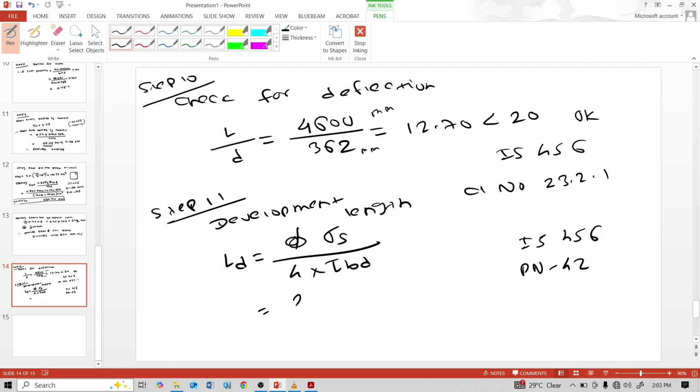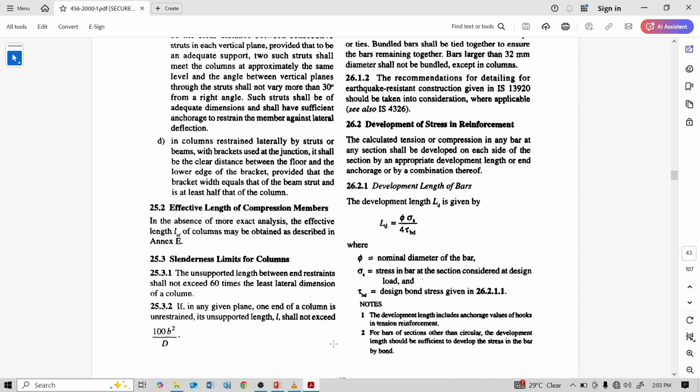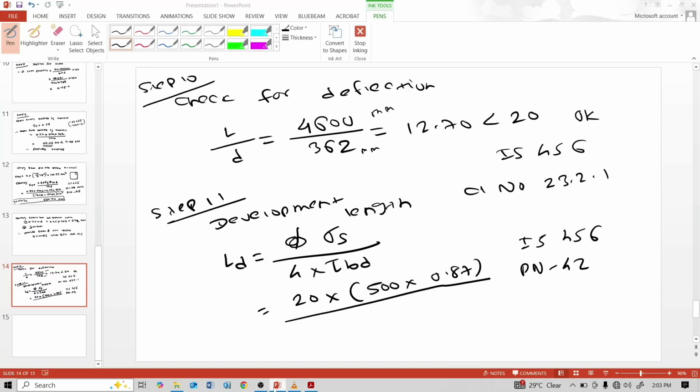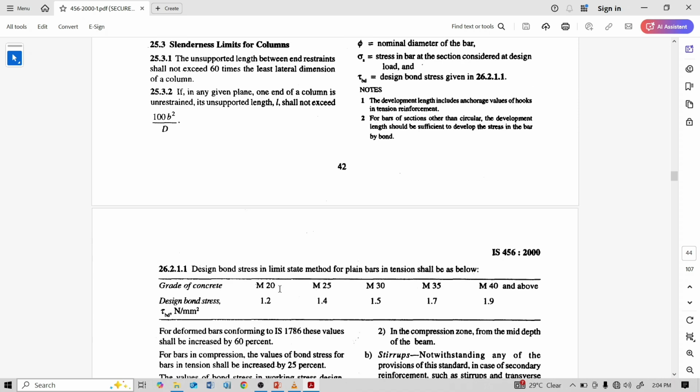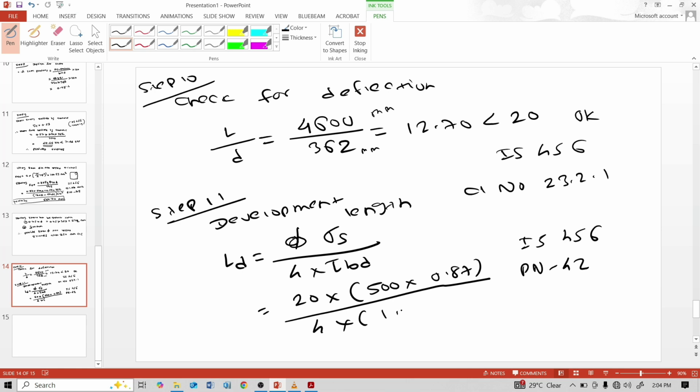Phi is our diameter of main bar 20, into sigma s, our steel grade is 500 multiplied by 0.87, stress in bar at the section considered at design load, upon 4 into tau bd, 1.4.